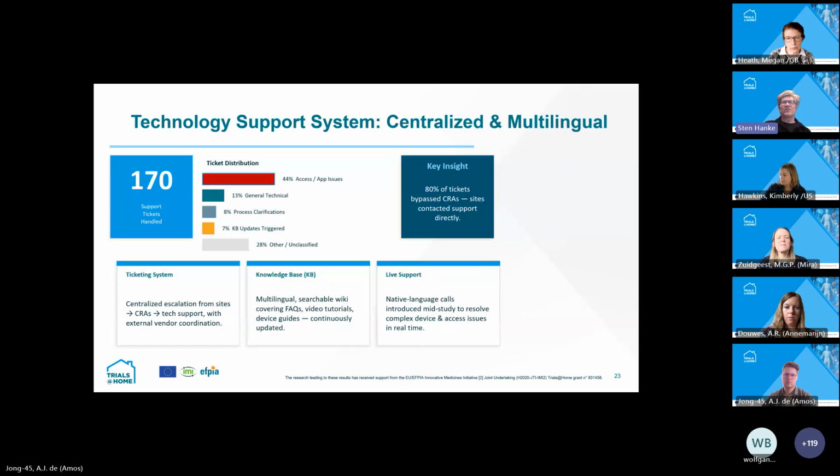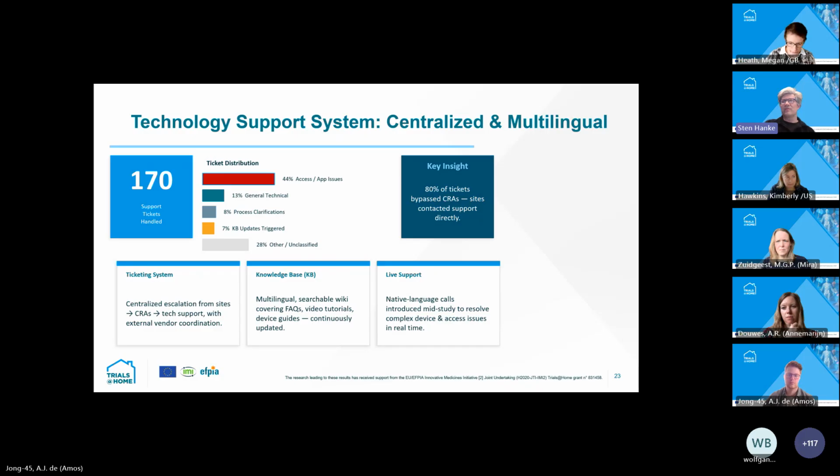Like already touched on, we provided also a technology support system, meaning kind of an extended help desk where we tracked several statistics of tickets and ticket usage, issues, and so on. There has been a separate paper on this technology support system recently published.